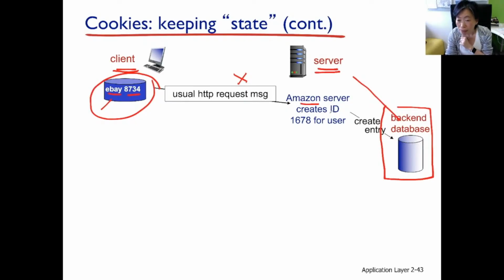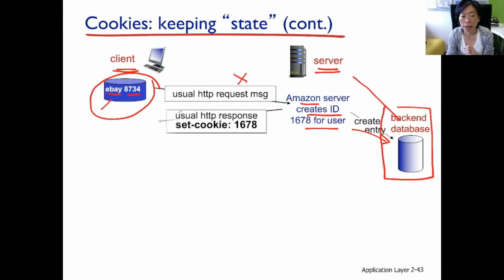In the meantime, it creates an ID for this particular user and adds that to the database. The response carries the web object you're looking for, but it also carries the special header line, the set cookie line. The ID created is carried over through the HTTP response message back to the user. The web browser here sets up one extra entry saying, for Amazon, the website, use ID 1678.